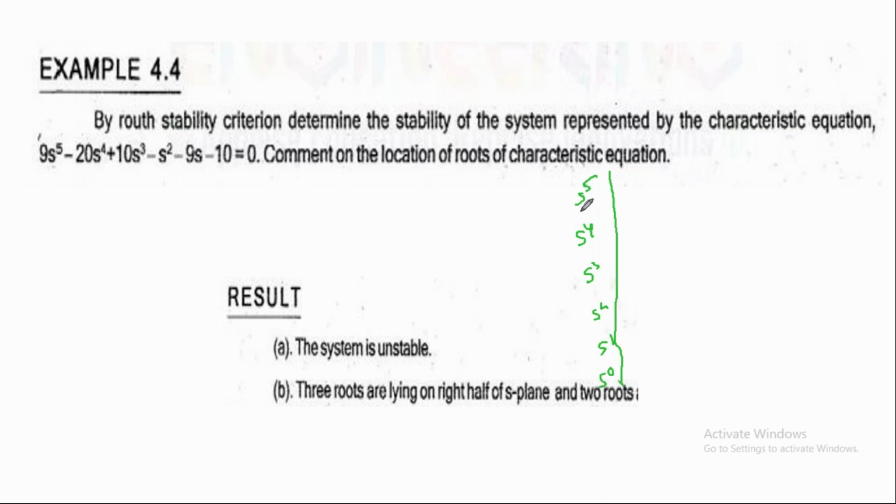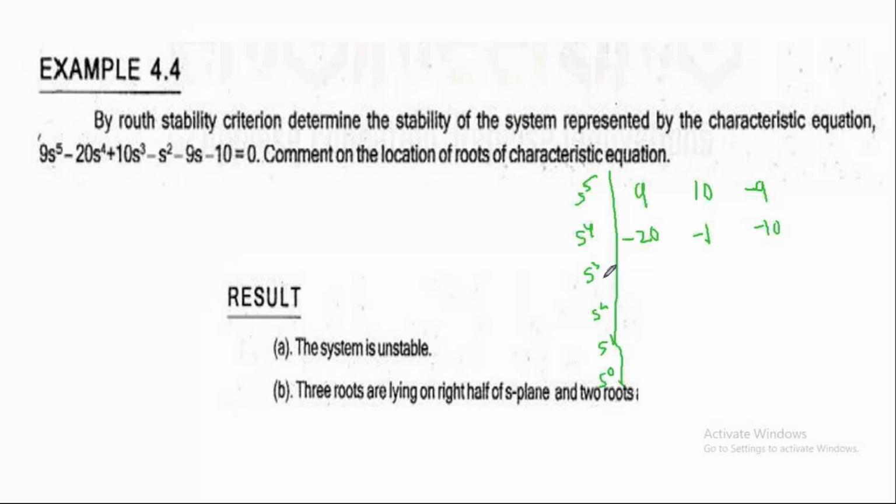The first term is an odd power, right? So the first row you have to construct with respect to those odd-power coefficients. So you'll get 9, 10, then minus 9. Next row: minus 20, minus 1, minus 10.